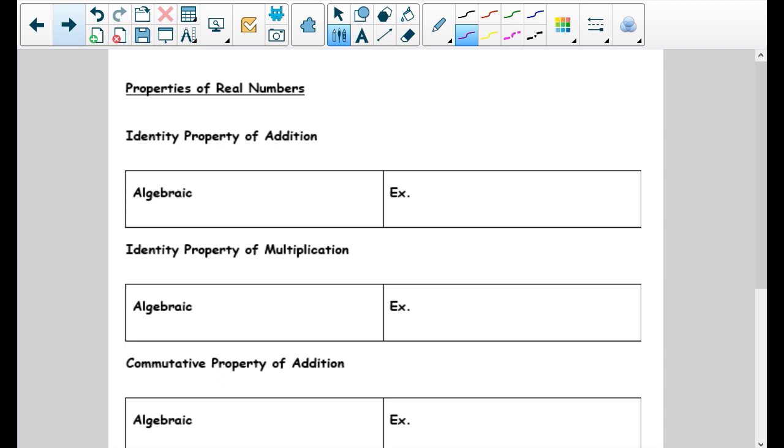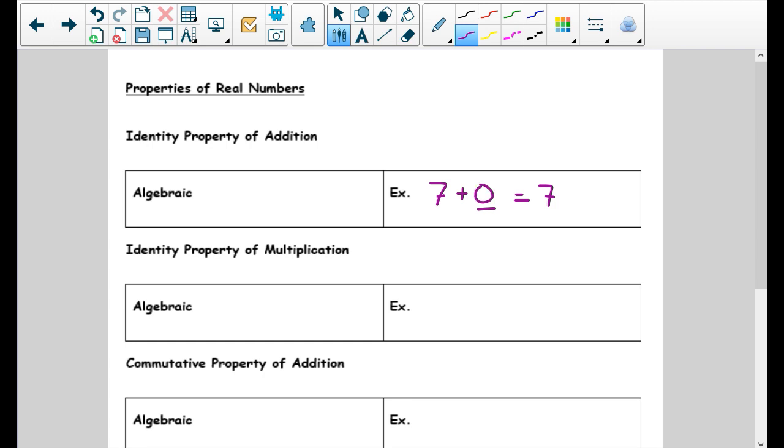Okay, so we're going to talk about these different properties. Identity property of addition. Okay, what's identity mean? So if I have, give me a number. 7. So if I have 7, what can I add to 7 to get the identity? 0.